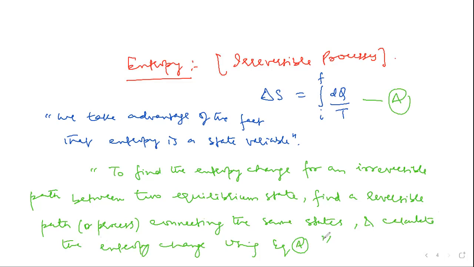I repeat, to find the entropy change for an irreversible path between two equilibrium states, find the reversible path or process connecting the same states and calculate the entropy change using equation A. Right?